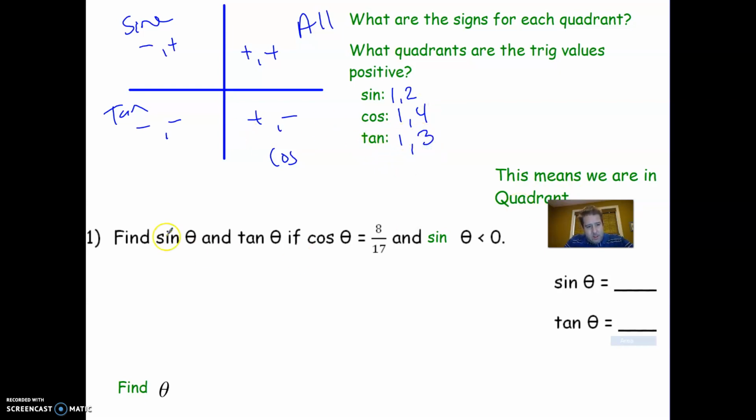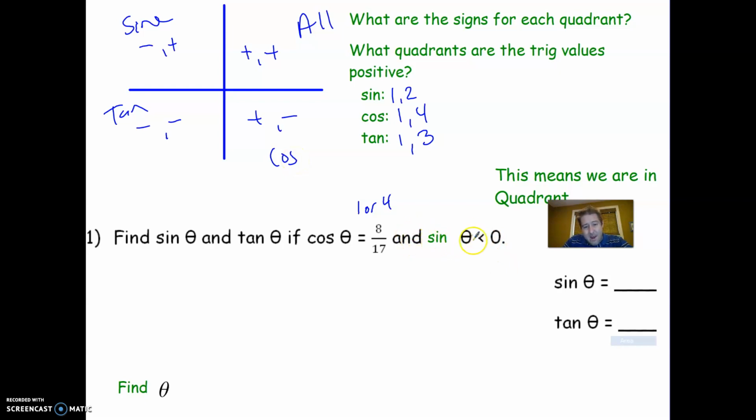All right, so what if we're given this information? Find sine of theta and tangent of theta if cosine of theta is 8 over 17, and sine of theta is less than 0. It doesn't even matter what the numbers are. Cosine of the angle equals a positive answer, so I'm dealing with quadrant 1 or 4, the only 2 quadrants where cosine can be positive.